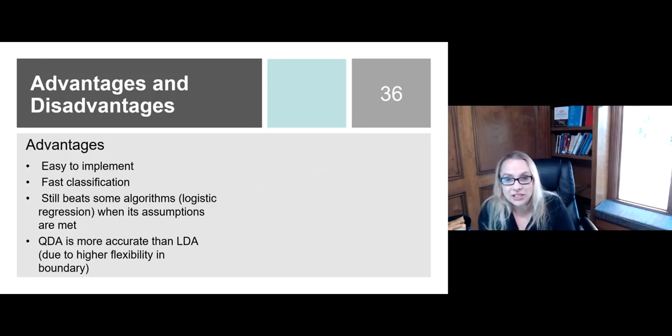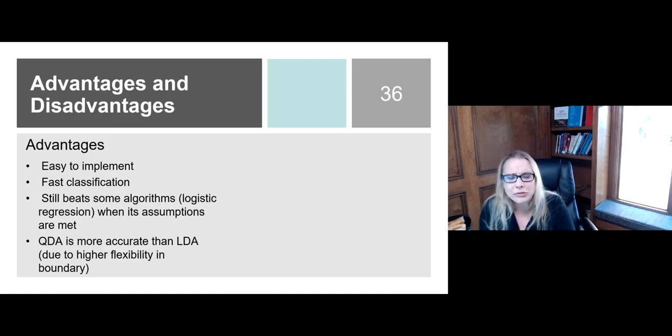As for the advantages and disadvantages of discriminant analysis, among the advantages are that it is easy to implement and it leads to a very fast classification. It tends to generally perform better than other algorithms such as logistic regression. And again, that is when the assumptions are being met.